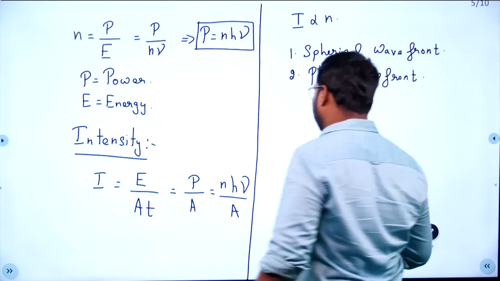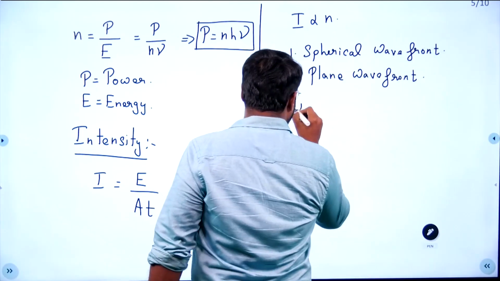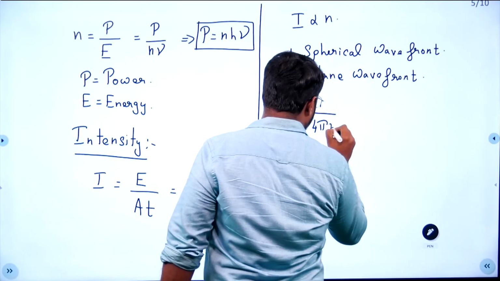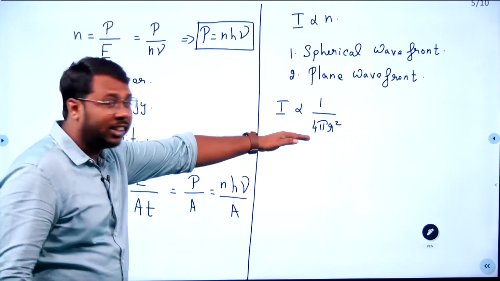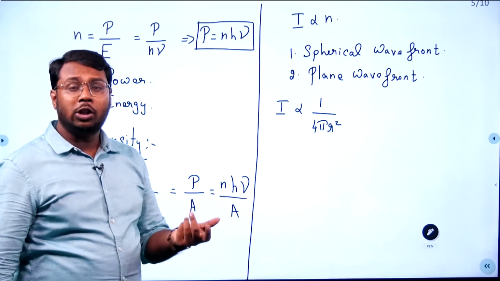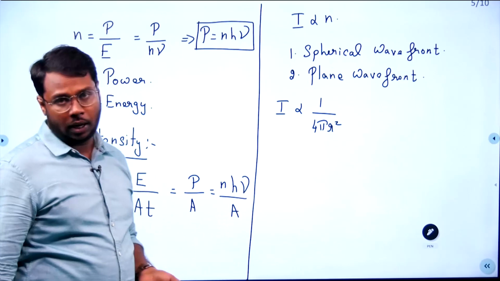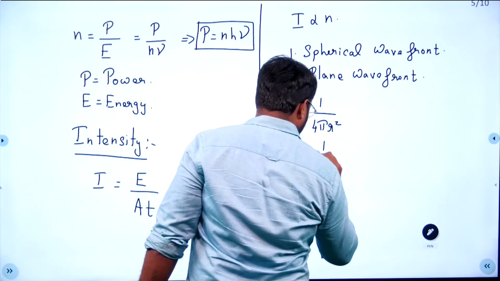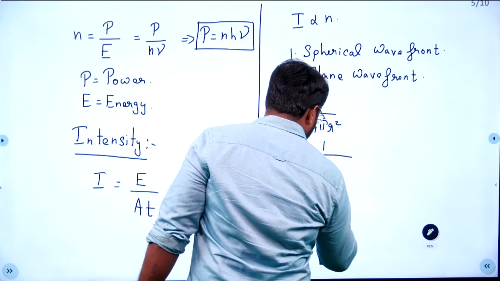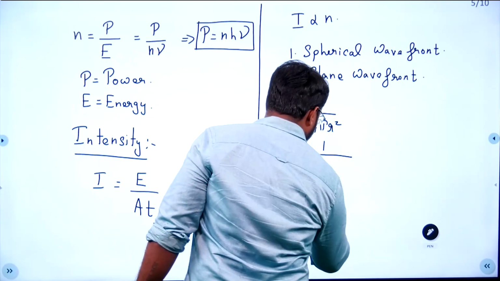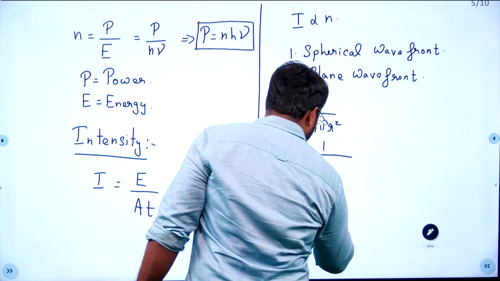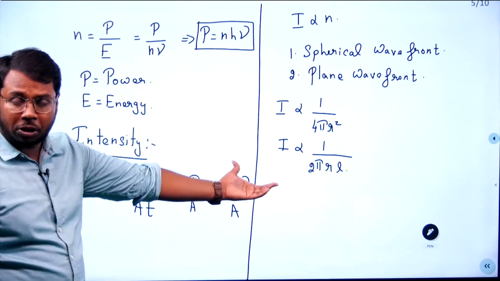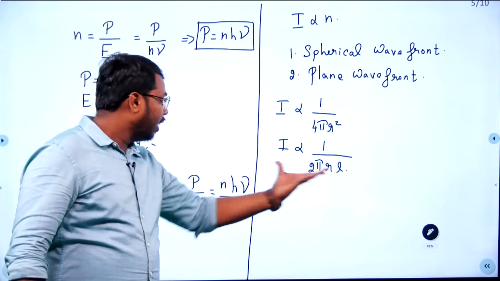Now I is inversely proportional to 4 pi r squared. This is for the point source. A point source will produce a spherical wavefront. Likewise, I is inversely proportional to 2 pi r into L. This is the expression for the linear source.